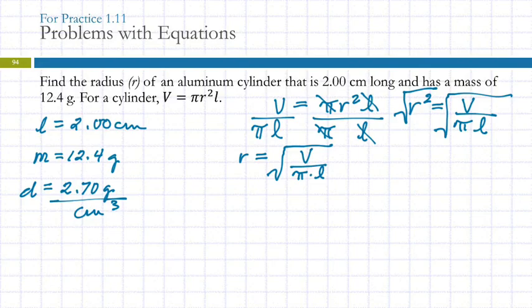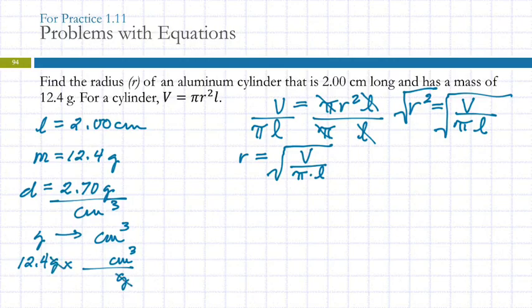I have grams, and I want volume. So this density has grams and cubic centimeters. Is cubic centimeter a unit of volume? Yeah. So grams to cubic centimeters, 12.4 grams, I multiply by cubic centimeters and divide by grams.